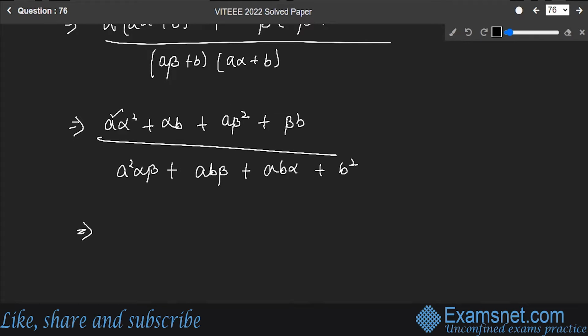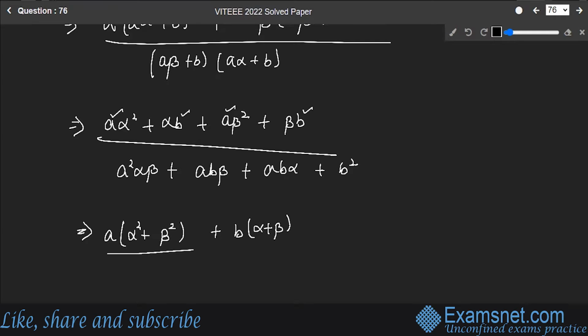Okay, now I'll take A common from here and B common from here. So this will be A into alpha square plus beta square plus B into alpha plus beta, whole divided by, let's keep it as such. Here is alpha beta, so alpha beta can be written as C upon A into A square, right? And I'll take AB common from here, plus B square.